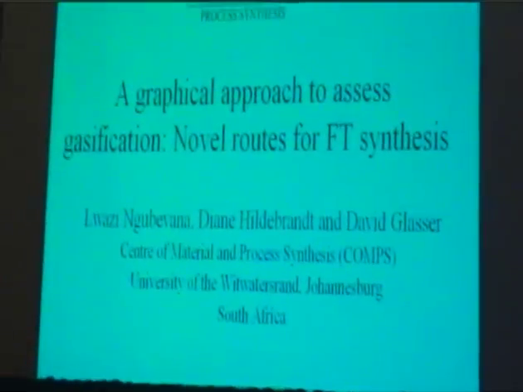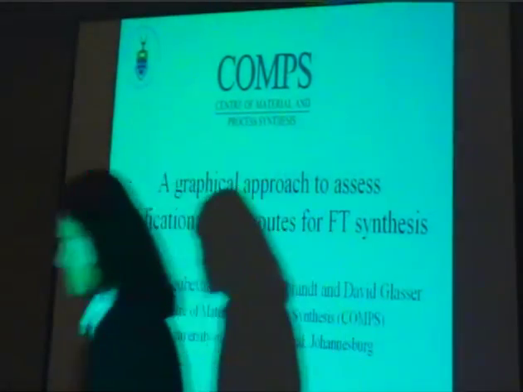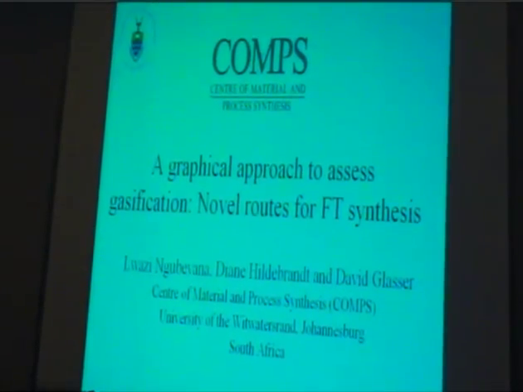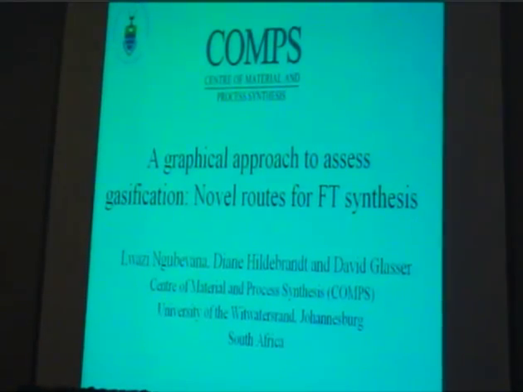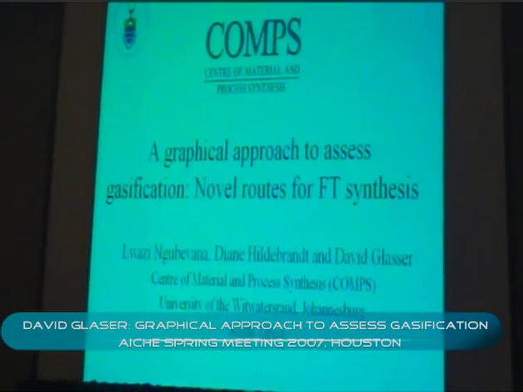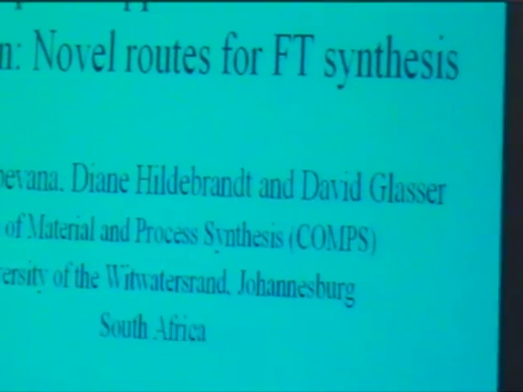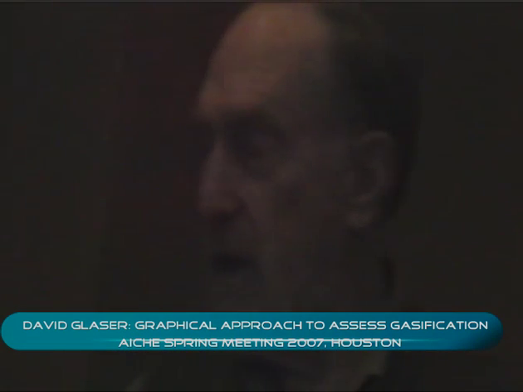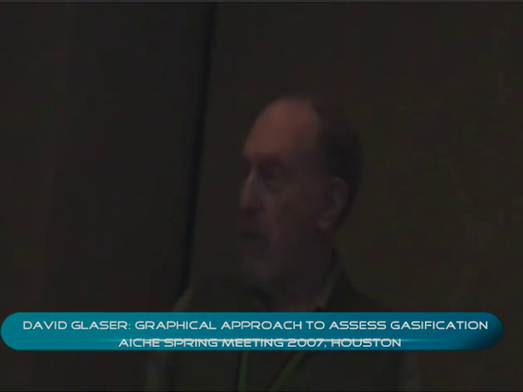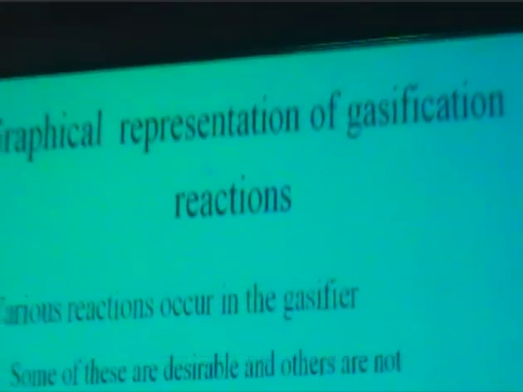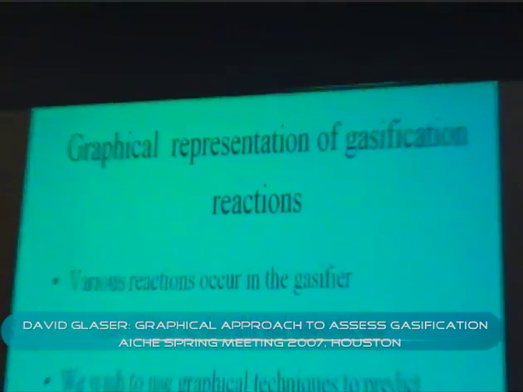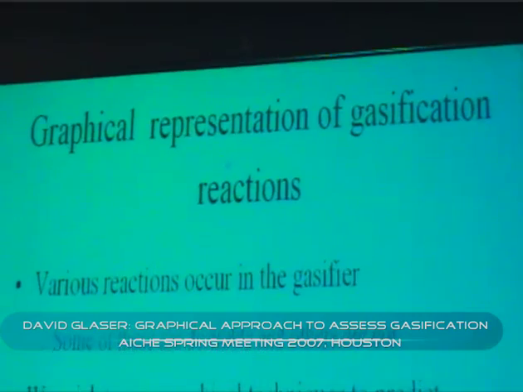All right, thank you very much for listening to me so far. We were looking at a new route to FT synthesis, and in doing that, we wanted to look at the gasifier to try and get the products we want.